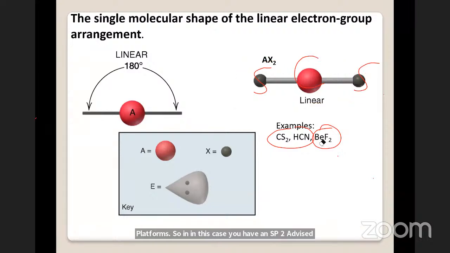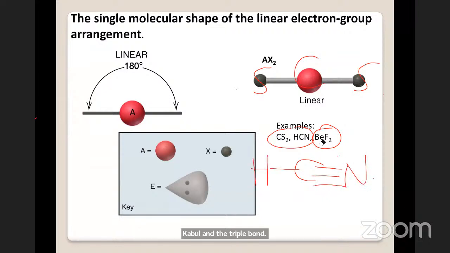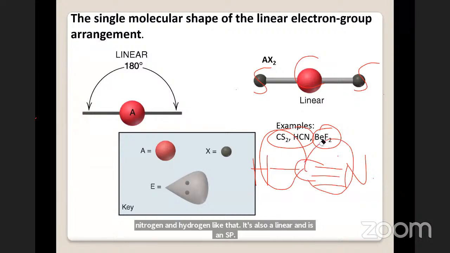In the case of cyanide, it's also an sp hybridized molecule, but in its own case, you have carbon with a triple bond to nitrogen and hydrogen like that. It's also a linear molecule and is an sp hybridized molecule.